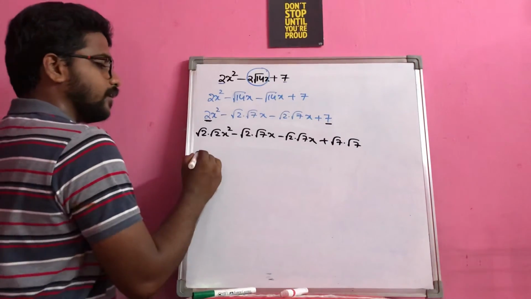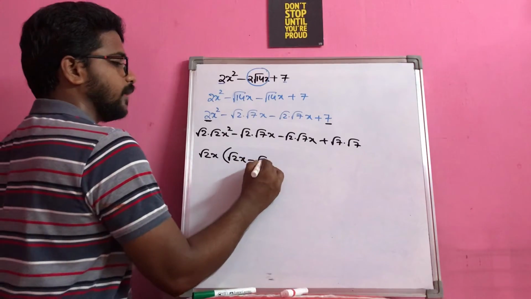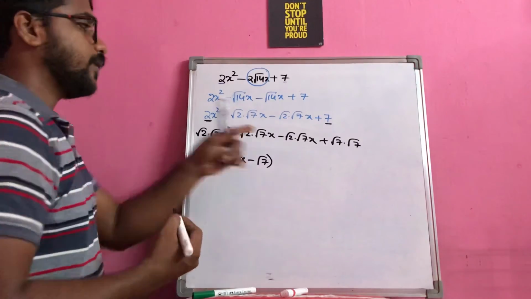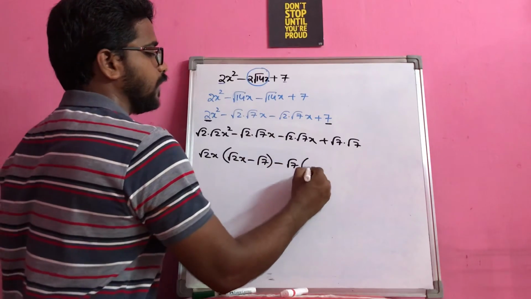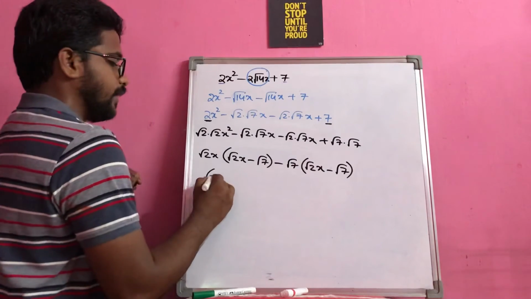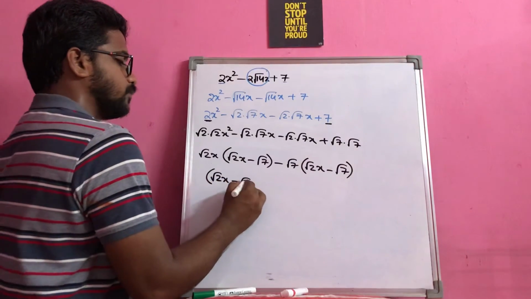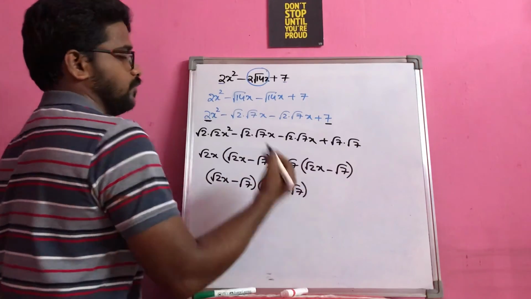So you can take in the first two terms root 2x as a common, root 2x minus root 7. From the next two terms you can take minus root 7, then you will get again root 2x minus root 7. So finally I am getting root 2x minus root 7 into root 2x minus root 7.